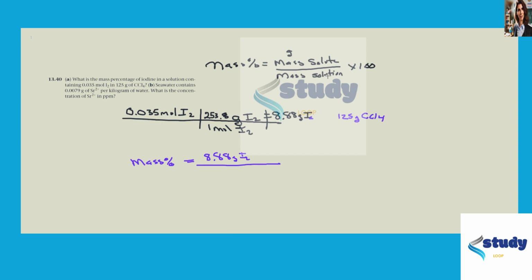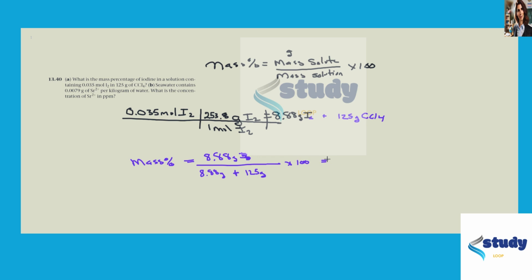Now our mass of solution. Our solution is both of these added together. So it is our iodide plus our carbon tetrachloride. So we're going to do 8.88 grams plus what we dumped our iodine into, which is the carbon tetrachloride, 125 grams. Remember, we need to times it by 100. And this unit never came in there. And that'll solve.